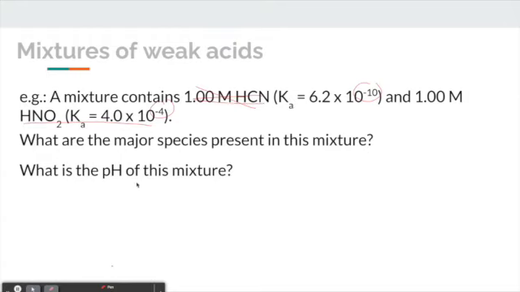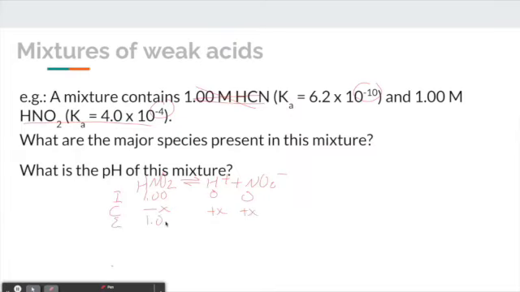So I'm going to set up a quick RICE chart. HNO2 ionizing to H plus and NO2 minus. We know how this is going to work out. This concentration is 1. These are 0 before ionization. 1-to-1 stoichiometry.